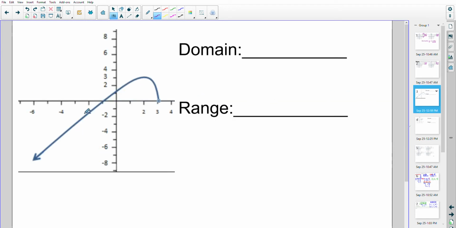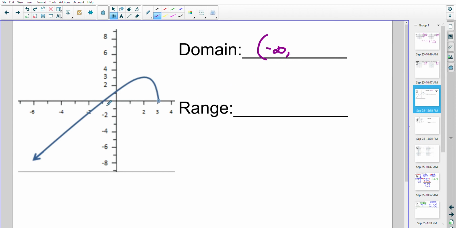Looking at this one, notice there's an arrow here. This arrow means it's going to continue forever in that same direction. So the domain, you have to think about this extending all the way to the left, which means it's going to be not including -infinity. Infinity and -infinity will never be included because it's a concept, it's not a number.